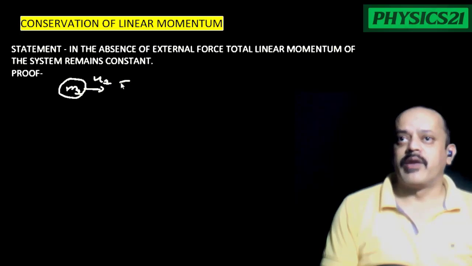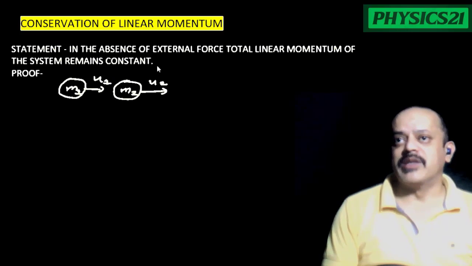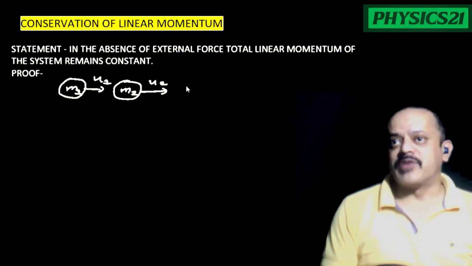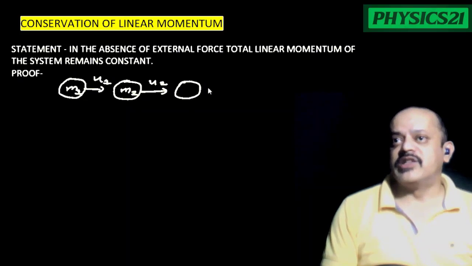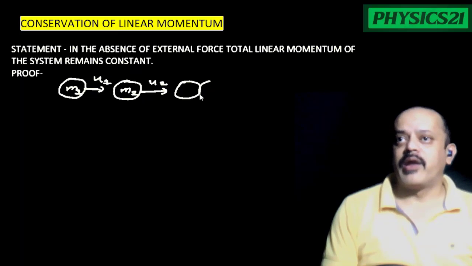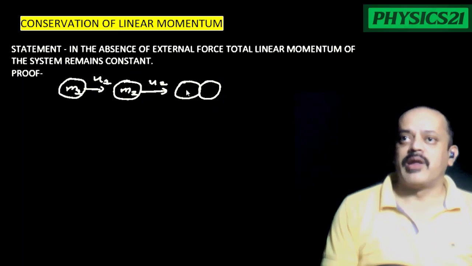And second one of mass m2, moving with initial velocity u2 along the same line. After some time, let both interact with each other. And after the interaction, they will separate.